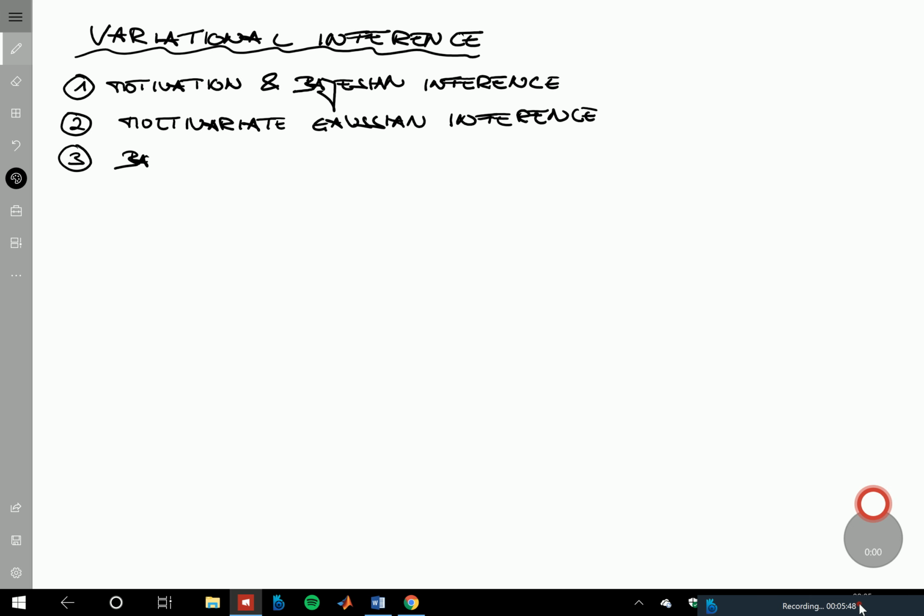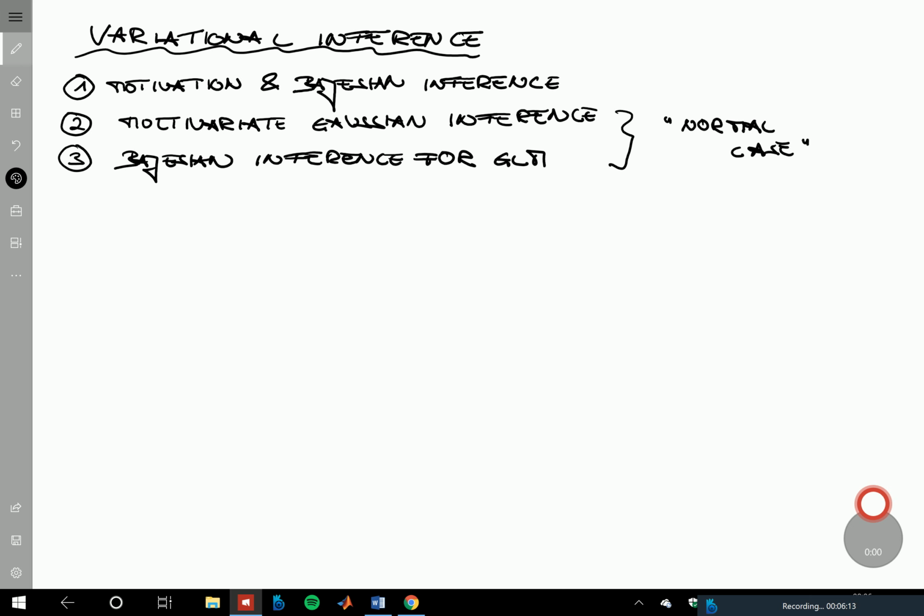Then, based on this, we will talk about Bayesian inference for the GLM, because what I want to establish specifically with these two cases here is the normal case, normal in the sense not of Gaussian, but in the sense of not unusual, the normal case where you don't need variational inference.